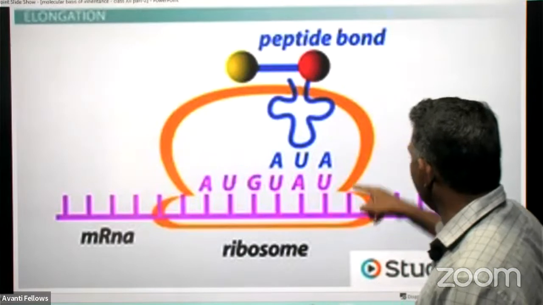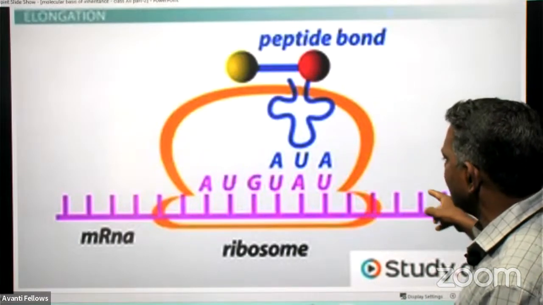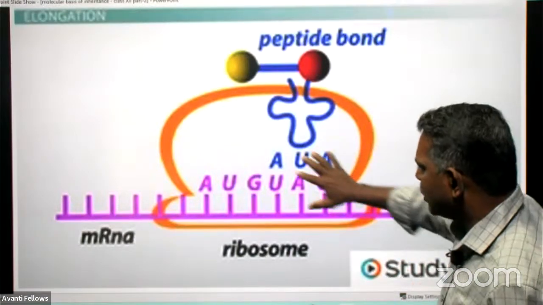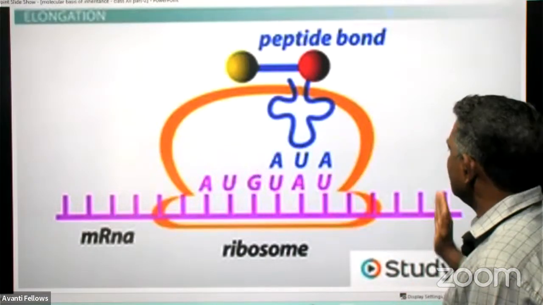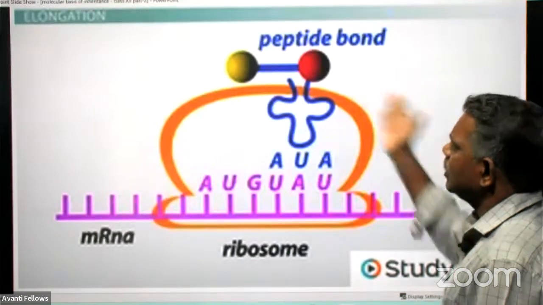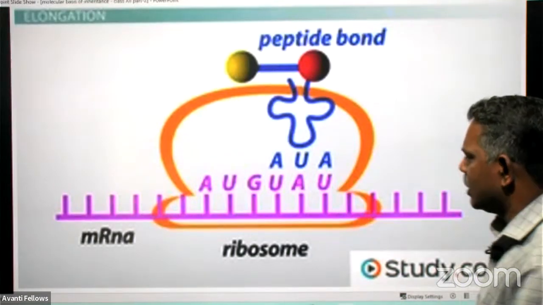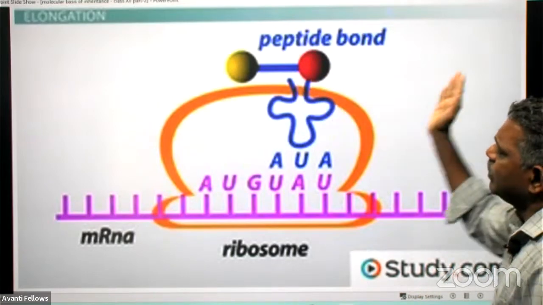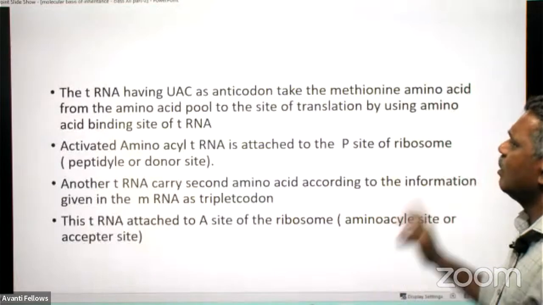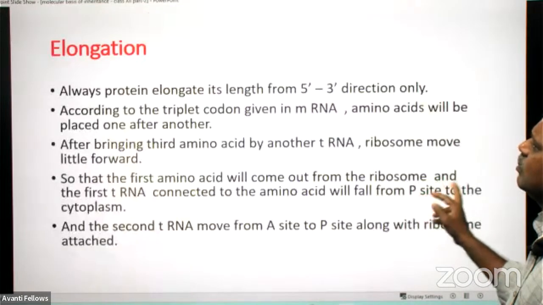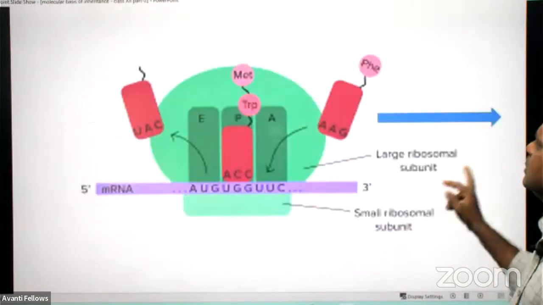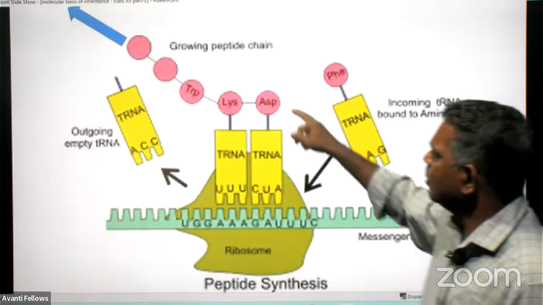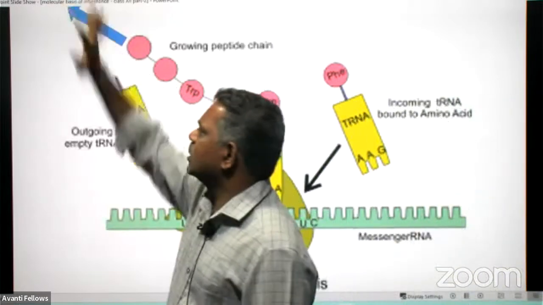One by one, according to the triplet codon given, because it is moving, whenever it is moving, this triplet codon will enter into that ribosome. So naturally, one by one amino acid will be placed according to the triplet codon present in the mRNA, and it makes the peptide bond, and it will elongate. So this is the way through which it increases its length. That only we call as what? The elongation. So it goes for elongation in this direction.